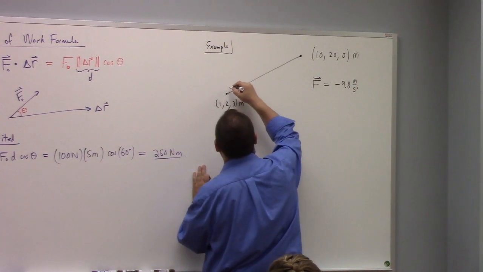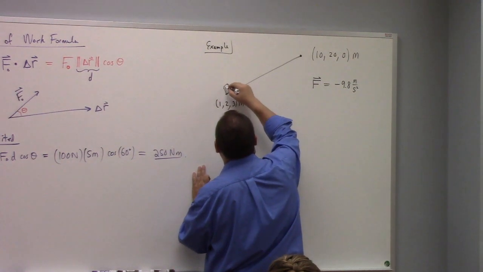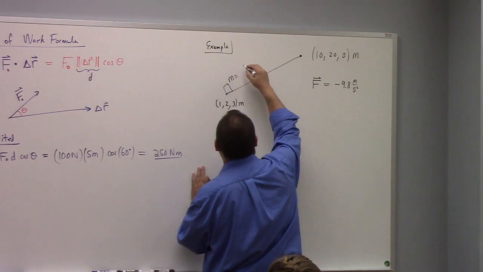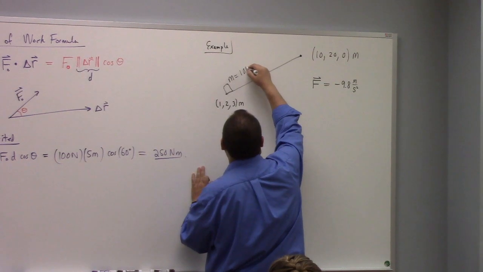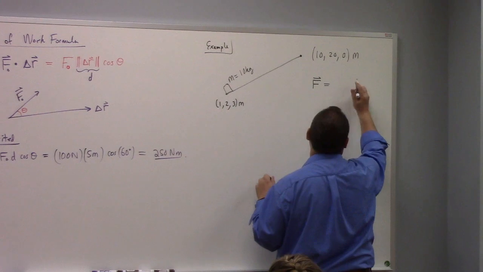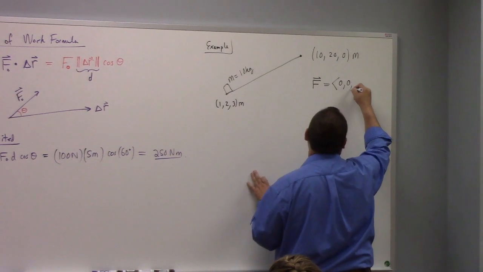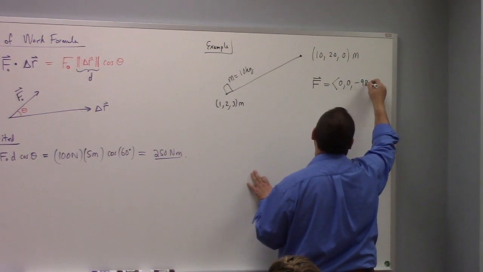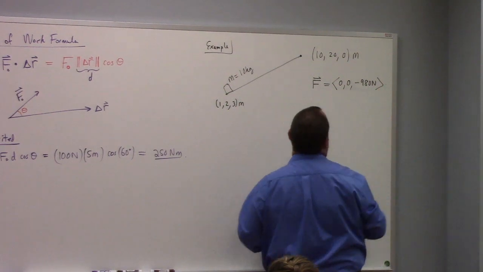Let's say the mass is 10 kilograms. So what's the force of gravity? 0, 0, and minus 980 newtons. So that would be the weight.